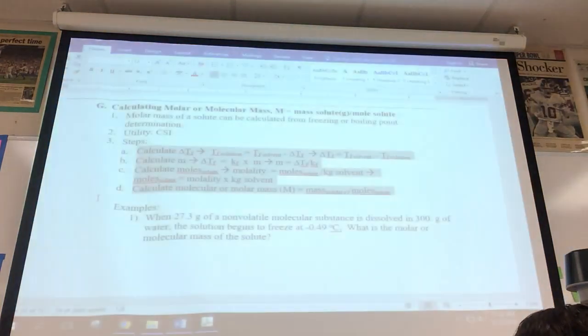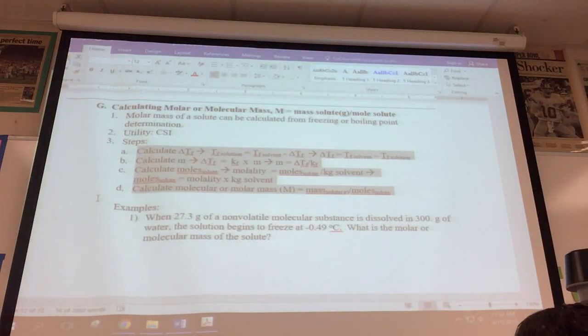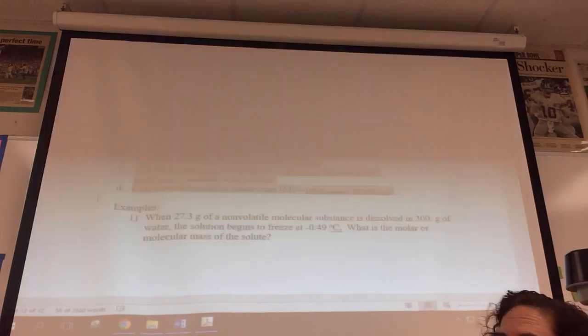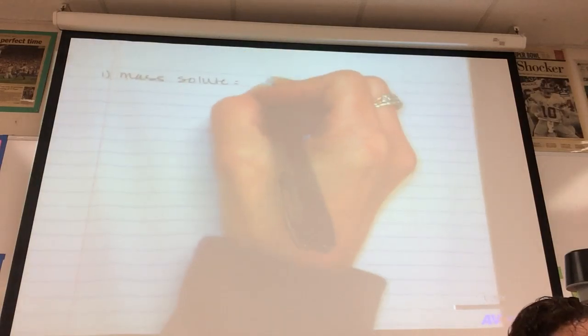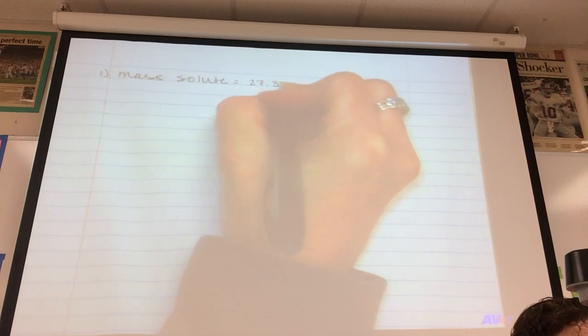In question 1, it says, when 27.3 grams of a non-volatile molecular substance, that means I is 1, is dissolved in 300 grams of water, the solution begins to freeze at negative 0.49 degrees Celsius. What is the molar or molecular mass of the solute? So in question 1, the mass of the solute is given, and that's something you don't use until the very last step.